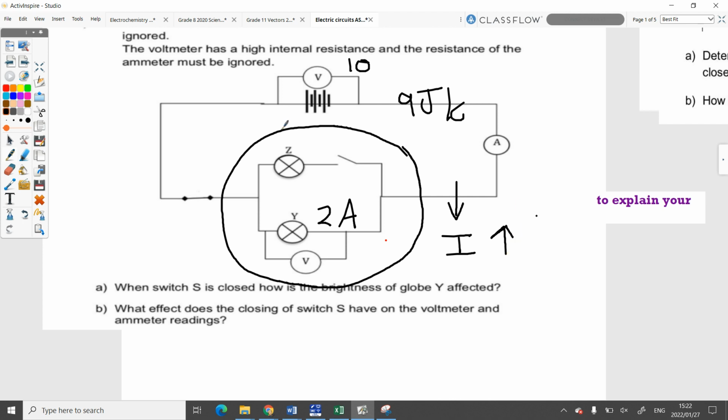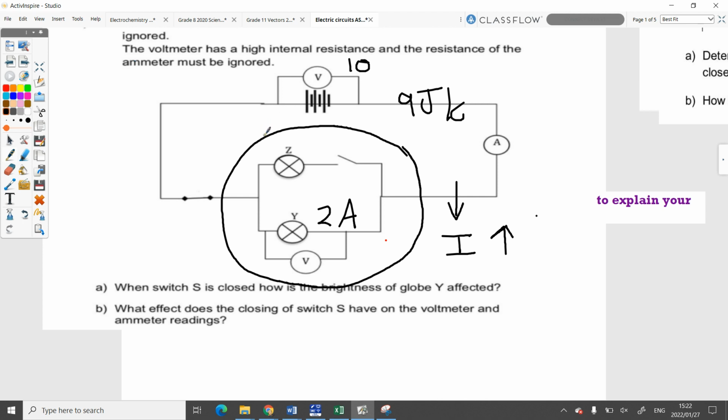So what's going to happen to the brightness of the light bulb? It actually does get dimmer, but why? In the other one, the voltage didn't change.